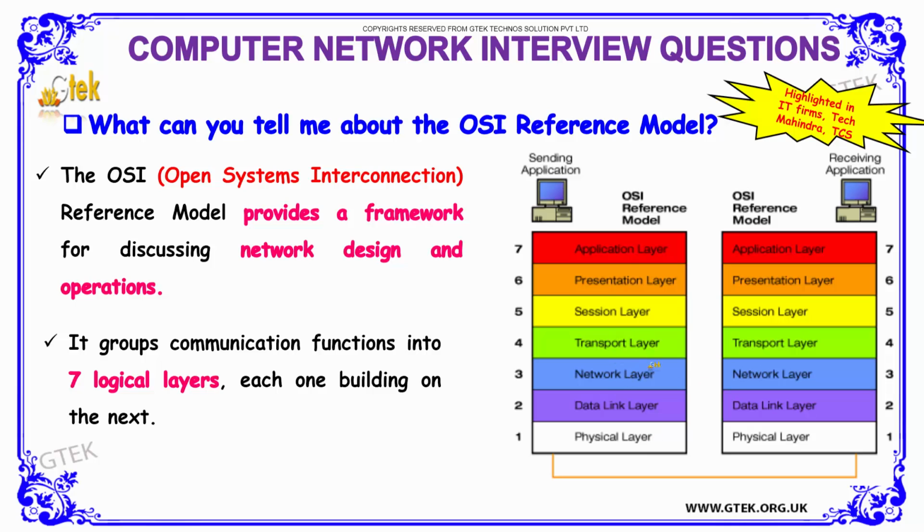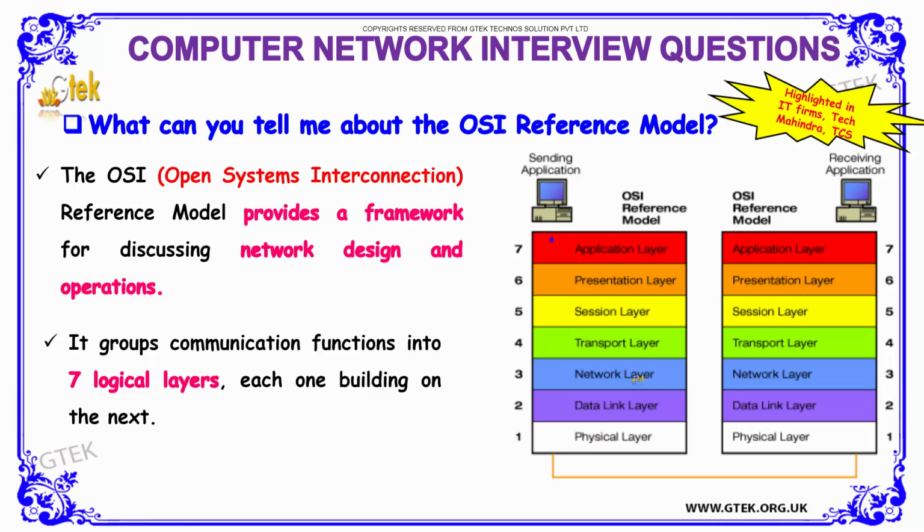So how to design a network and how the operation of the network can be made even better can be discussed only after you know your OSI reference model. It has 7 logical layers, each one building on to the next.